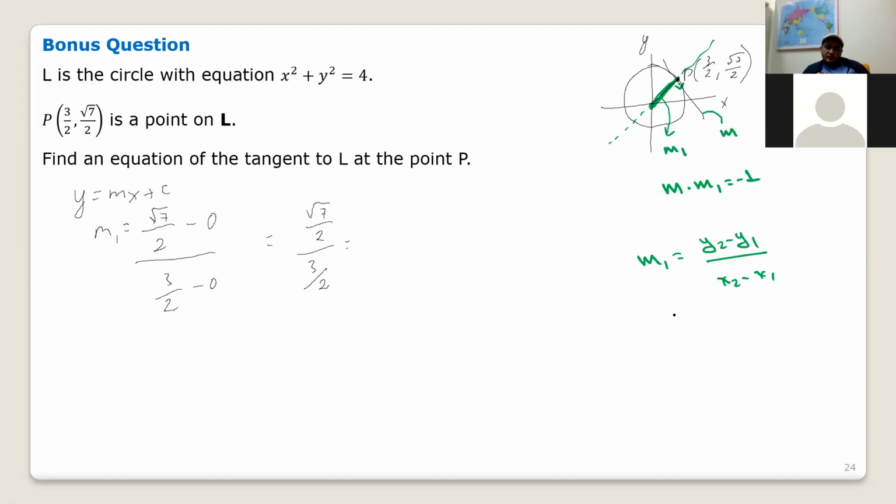Are you simplifying, Amira? In the denominators we have 2's, they cancel each other, right? It's square root of 7 over 3. Yeah. Okay, let's just write it.